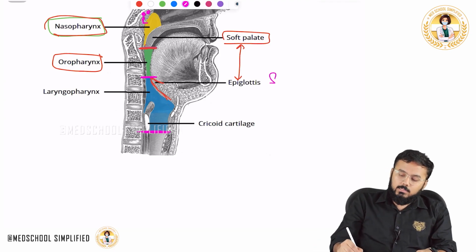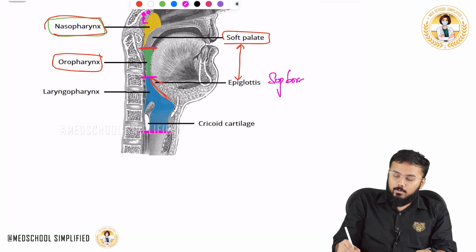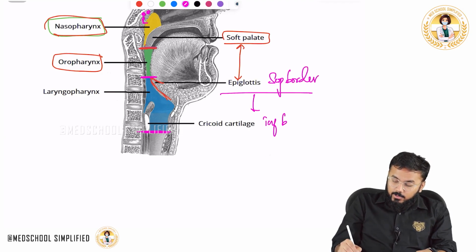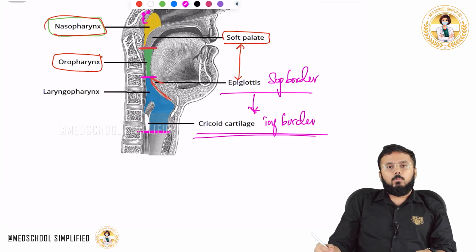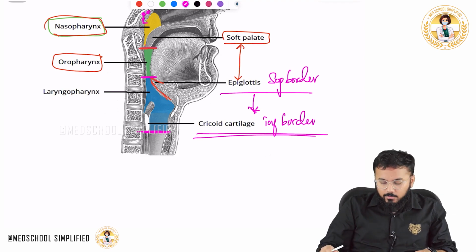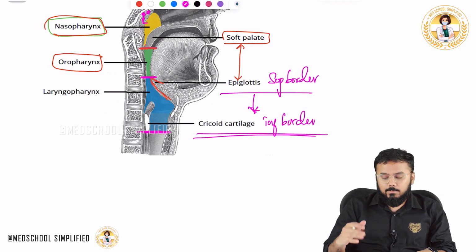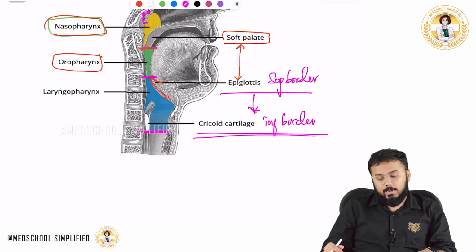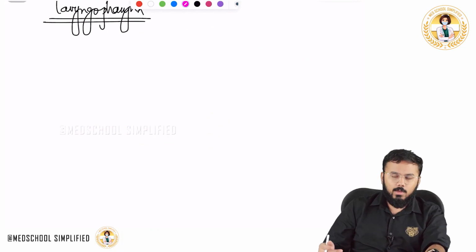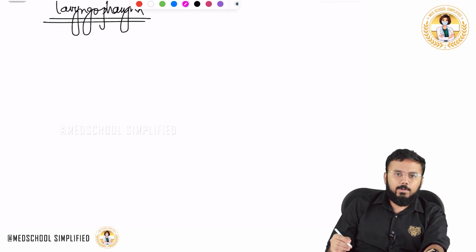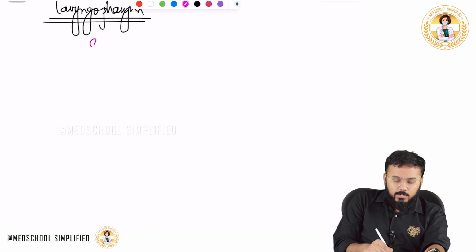So epiglottis superior border till the cricoid cartilage inferior border. Okay, superior border of epiglottis till the inferior border of cricoid cartilage. This is the place where we have the laryngopharynx. Now, let me write down the laryngopharynx over here.